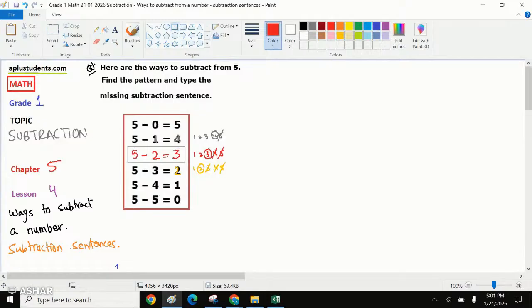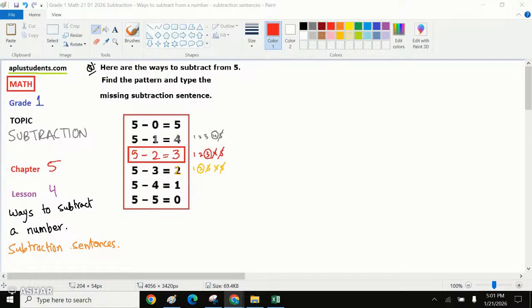So this is the missing statement from these given statements, right? So we write this as a statement. The subtraction sentence would be 5 minus 2 equals 3. Do we agree on this? Any questions about it?